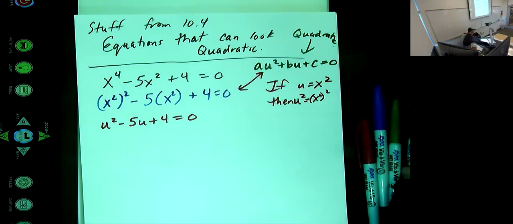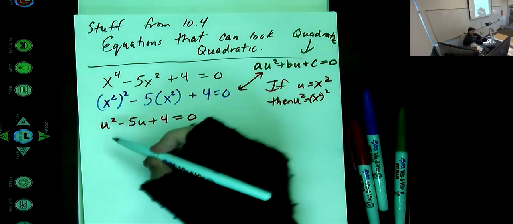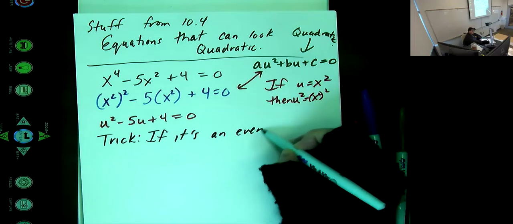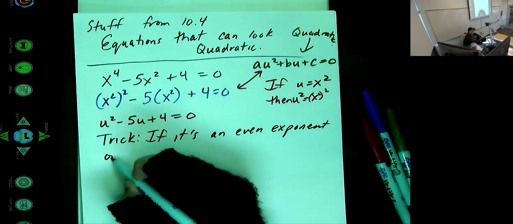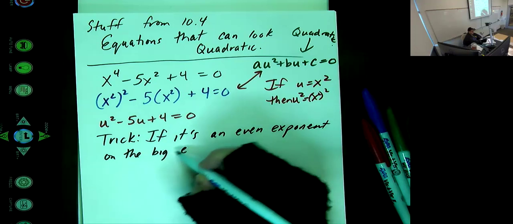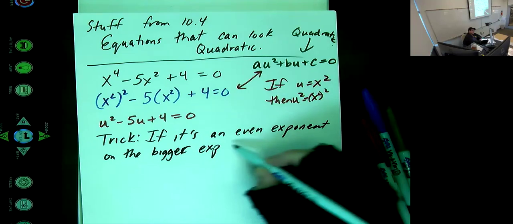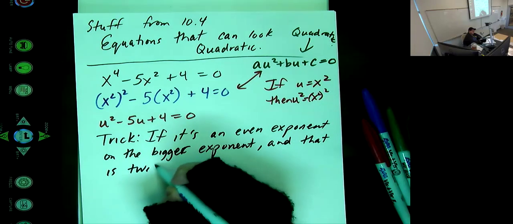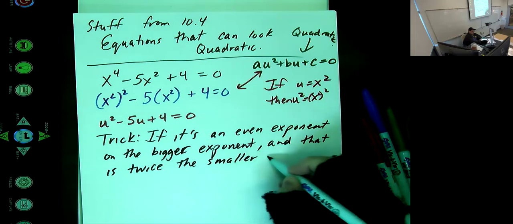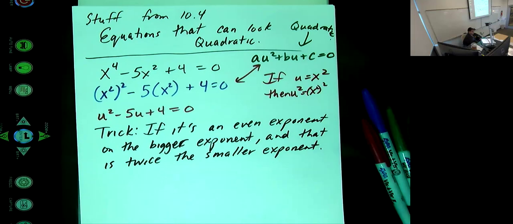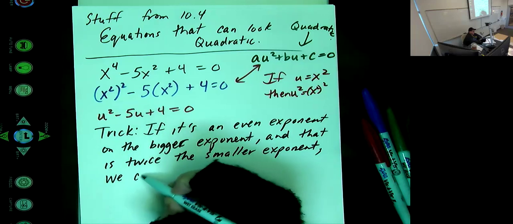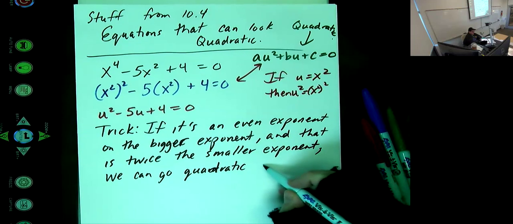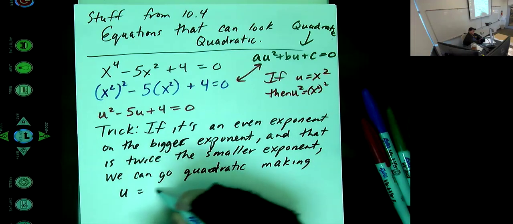So the trick. If it's an even exponent on the big one, on the bigger exponent, and that is twice the smaller exponent, we can go quadratic, making u equal the variable with the smaller exponent.